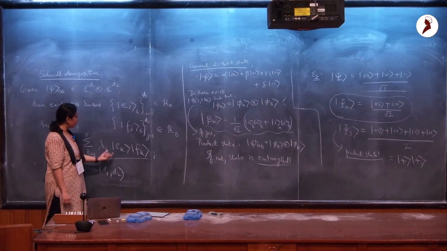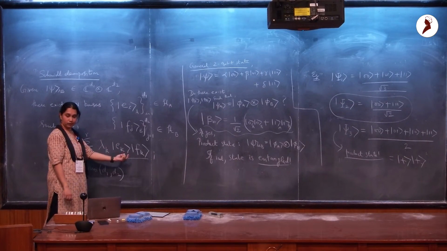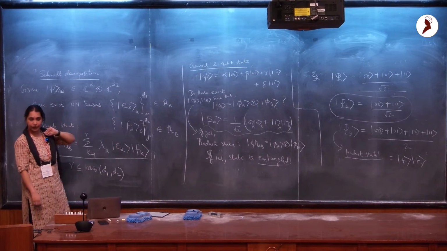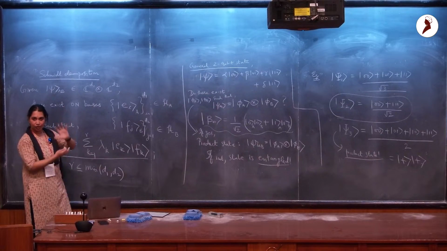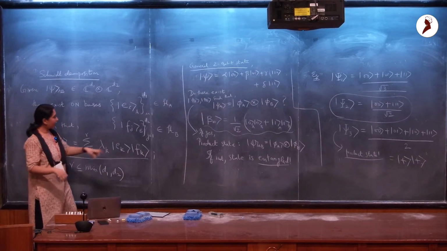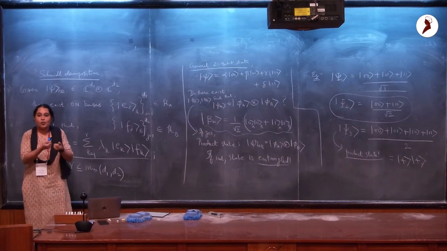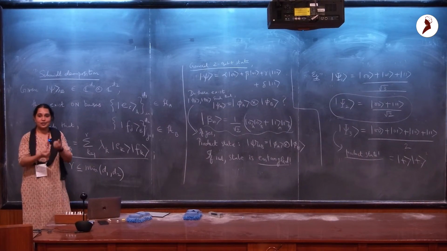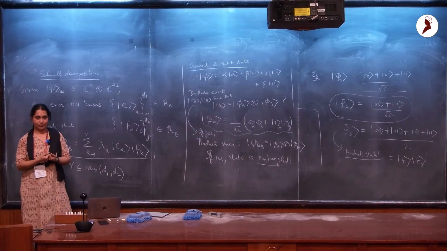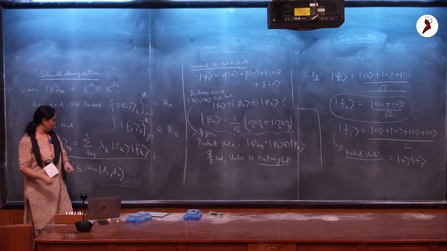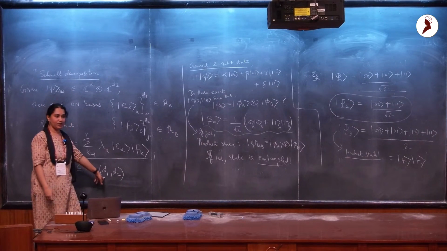Now, how many terms should I have in such a sum? Now, the first system has D1 degrees of freedom, right? That many orthogonal states that it can access. The second system has D2 degrees of freedom. How much correlation can system 1 and 2 have? If you think about that a little bit, you will see where this min of D1 comma D2 comes from.